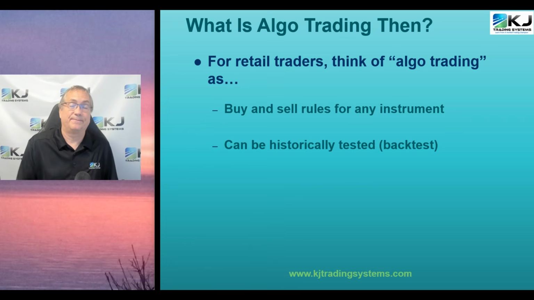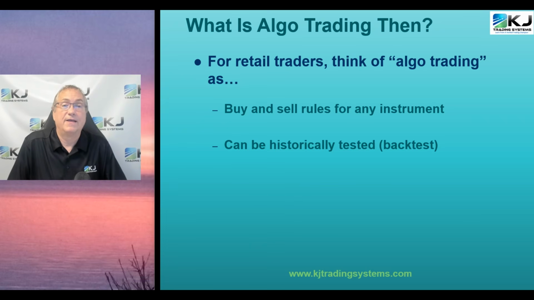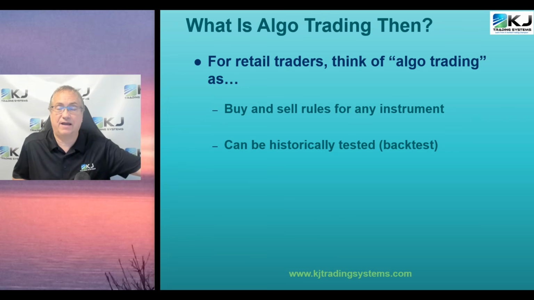And the nice thing about algo trading is they can be historically back tested. You can go back 5, 10, 15 years and have certain rules and see what those rules would have done. Now, the tricky part is just because the rules worked for the last 10 years doesn't mean they're going to work tomorrow for the next 6 months.